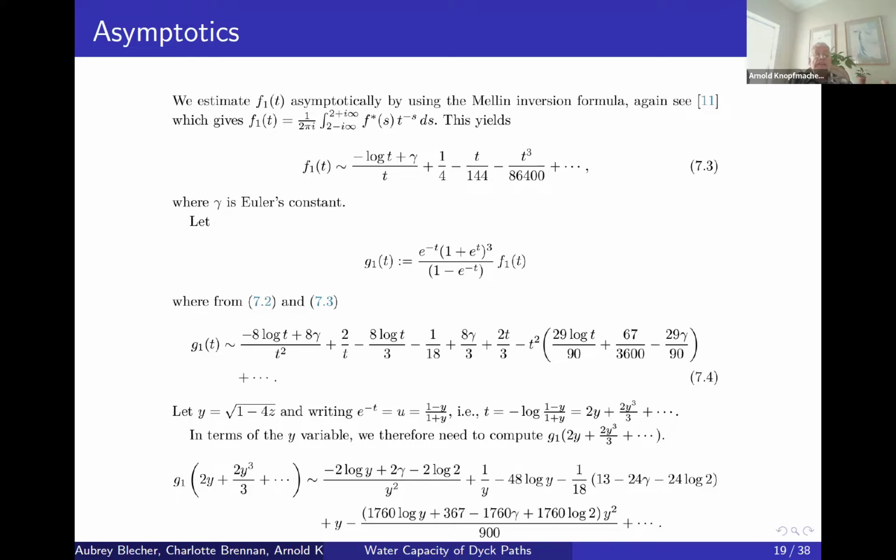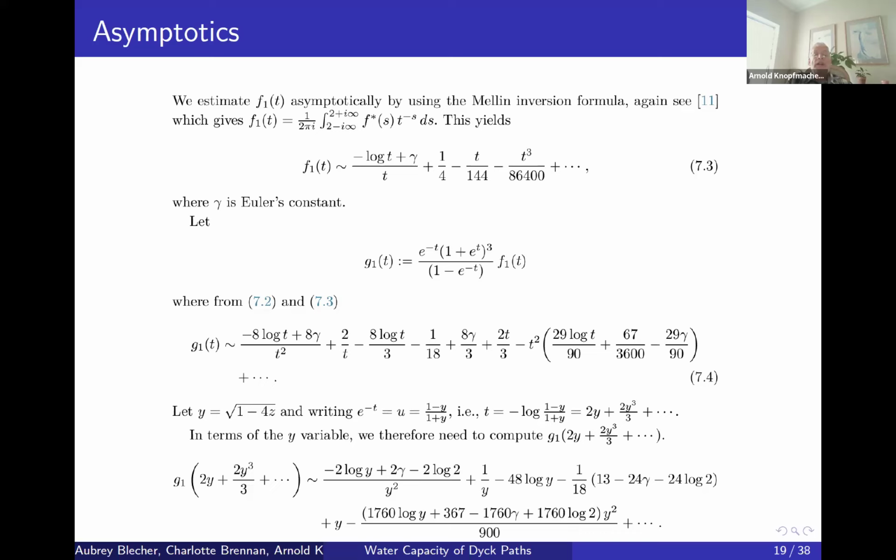So the first thing is, if I let the square root of 1 minus 4z be y, because that's definitely going to play a part because of the Catalan numbers, then e to the minus t, which is u, is also equal to 1 minus y over 1 plus y.